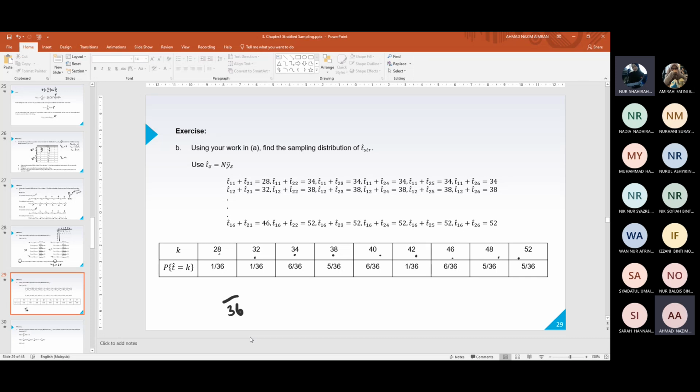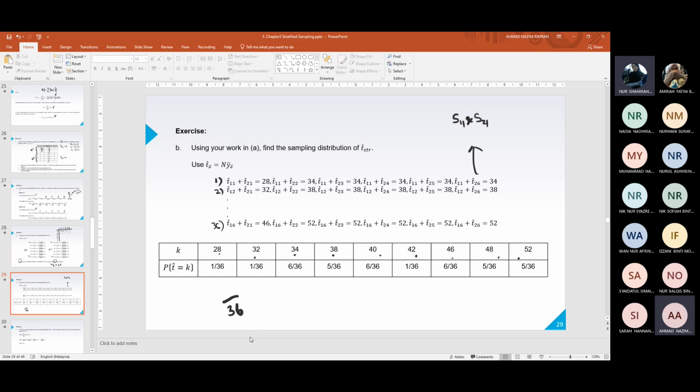Okay, saya nak tunjuk contoh. Katakan kita tengok salah satu out of 36. Yang ni yang pertama, yang ni yang kedua, yang ni yang ke-36. Kita ambil yang first one. The first one is the combination of the first possible sample in stratum number 1 and the first possible sample in stratum number 2.